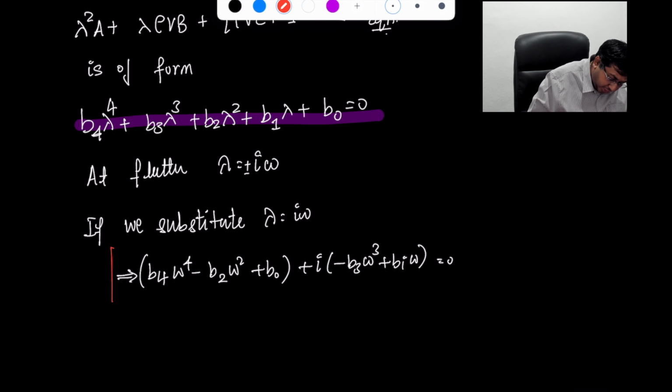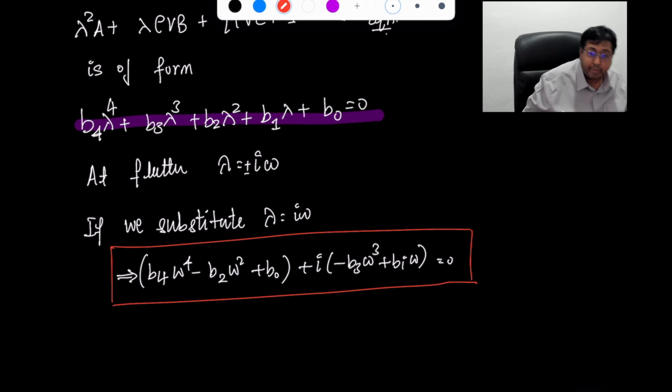So let me just put a box here for now so that we can remember this.